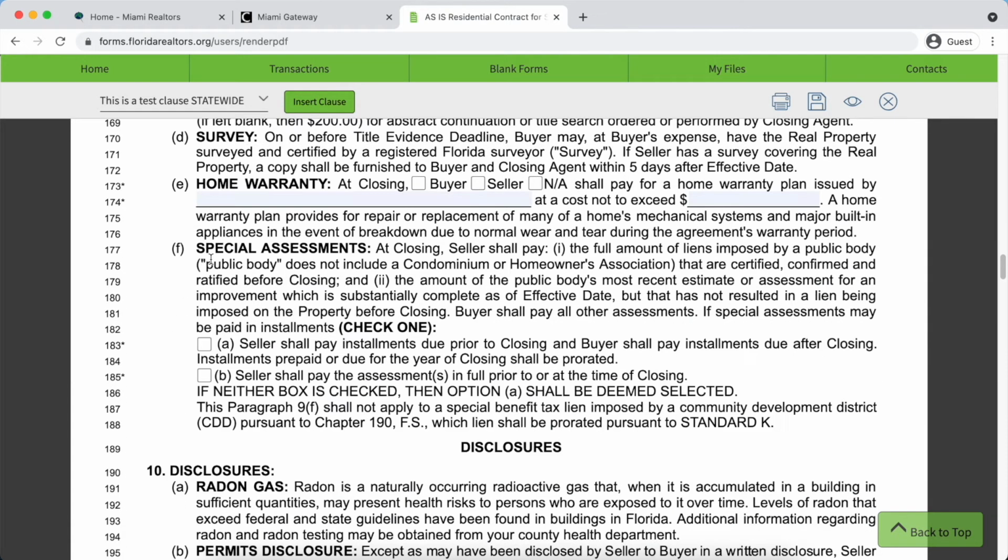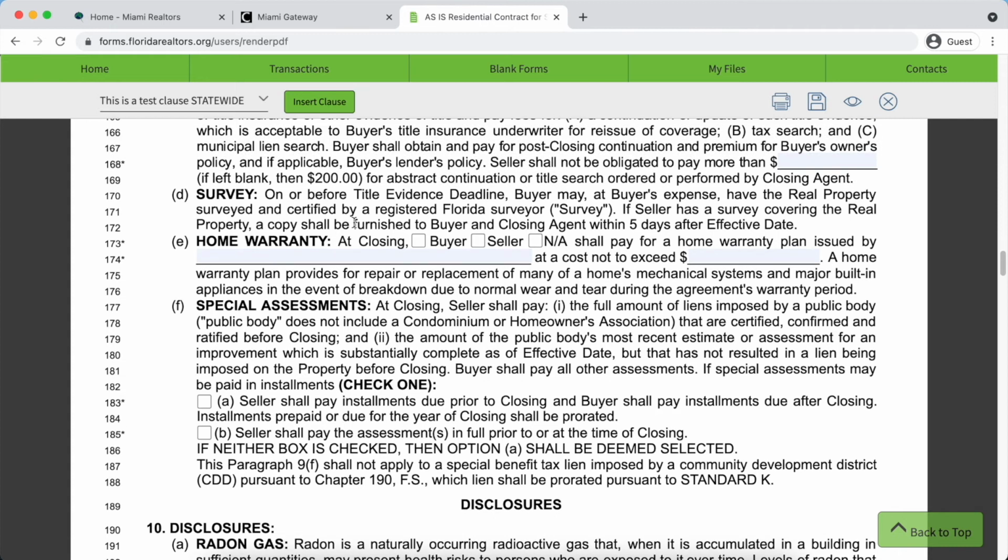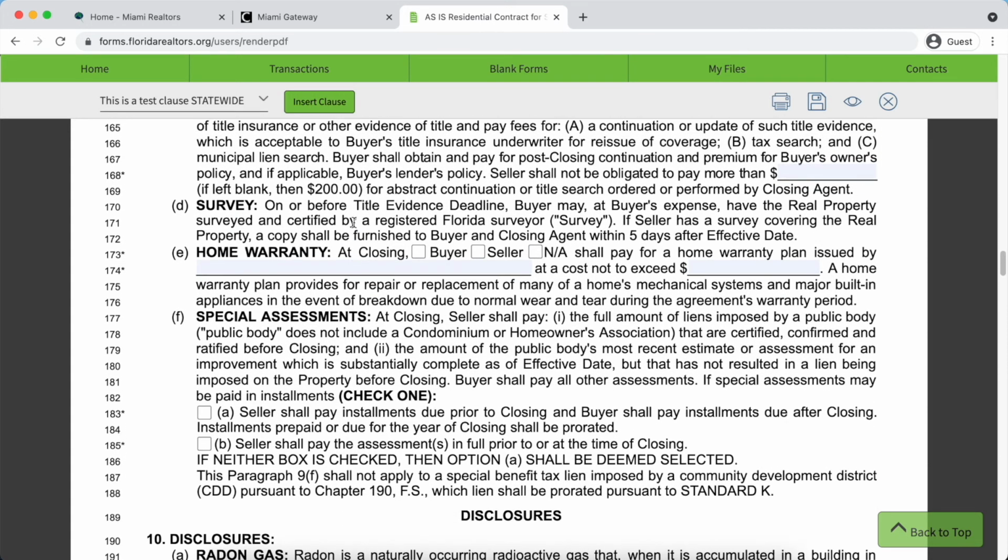Okay. Next is the survey. Always remember that if it's a cash purchase, they're not required to order a survey. So if you're representing a buyer and your buyer is a cash buyer, always ask your buyer, "Hey, listen, do you want a survey?"